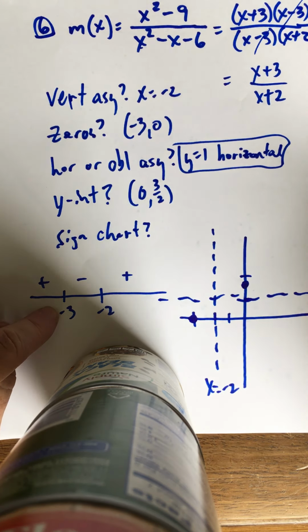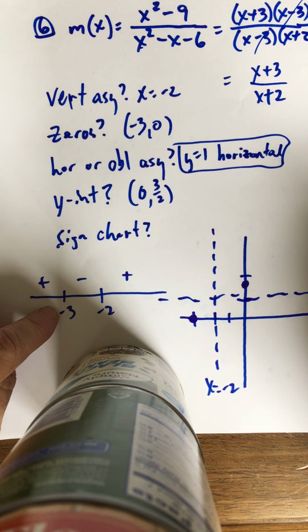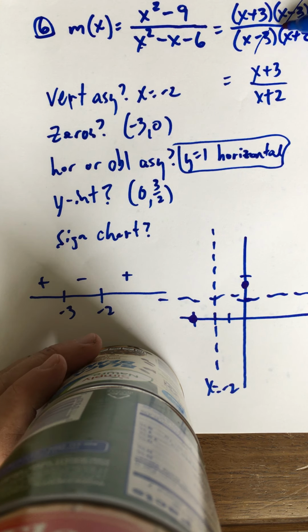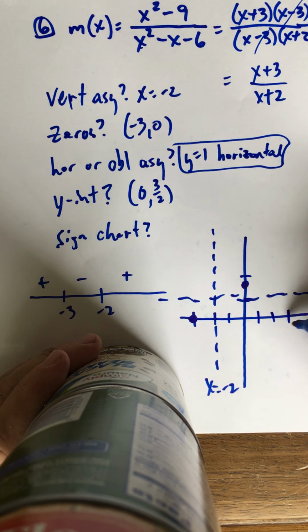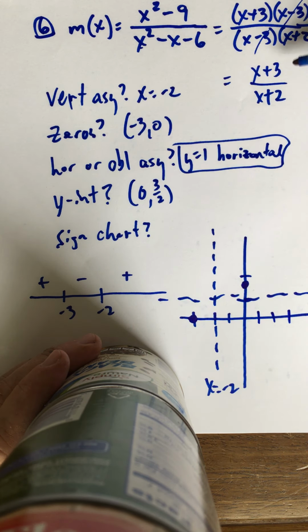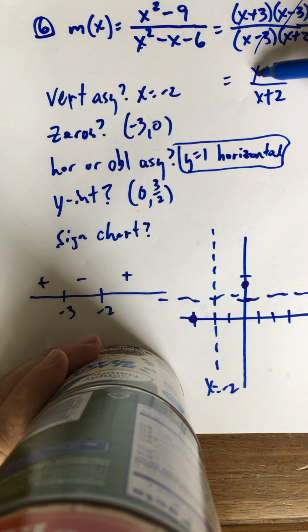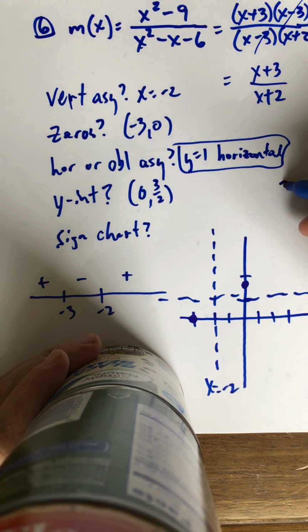The one thing I've got to watch out for, though, is this. What makes that, the things that canceled out, what would have made that 0? Well, it'd be x equals 3. That means over here at 3, I'm going to have a hole in my graph when I plug in the 3 right here. I'm going to plug in 3 into my cleaned up form, which is 3 plus 3 over 3 plus 2.